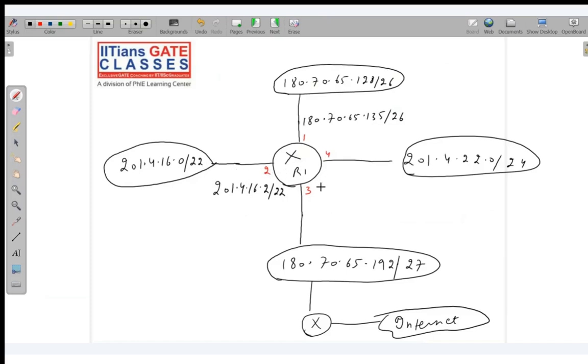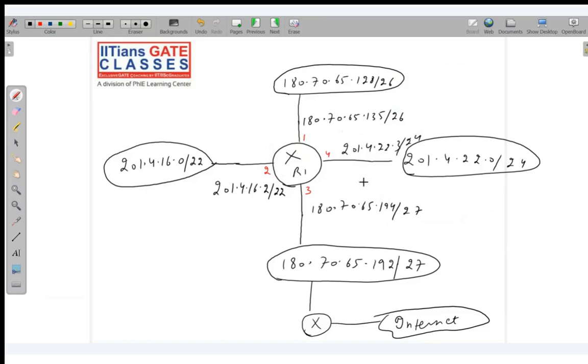Now port number 3, let us suppose I give from this network 180.70.65.194/27. And from here I will take say 201.4.22.3/24. So these are the IP addresses given to each port of the router.